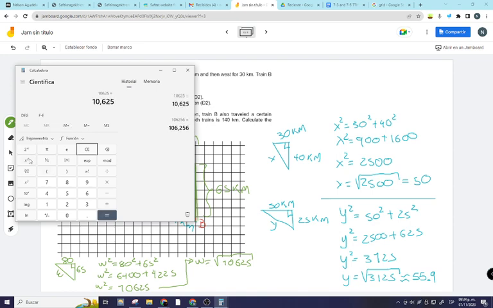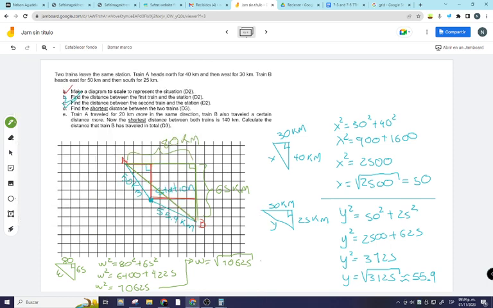Now square root of this, approximately 103.07 kilometers, or 103.08 because we have to round. So the shortest distance between the two trains is approximately 103.08 kilometers. Okay, that's for D.